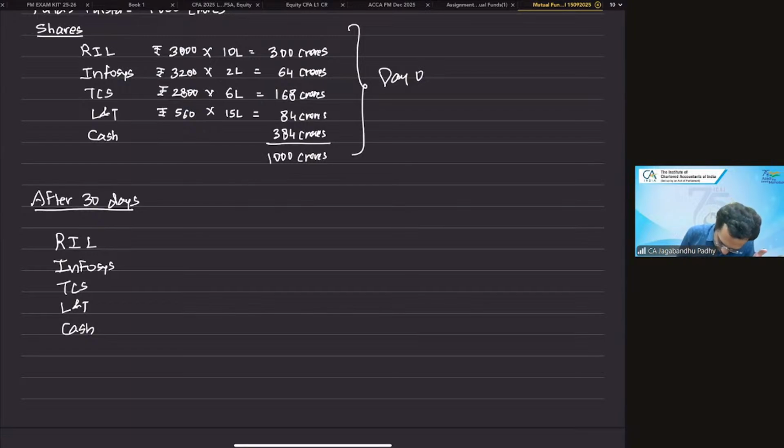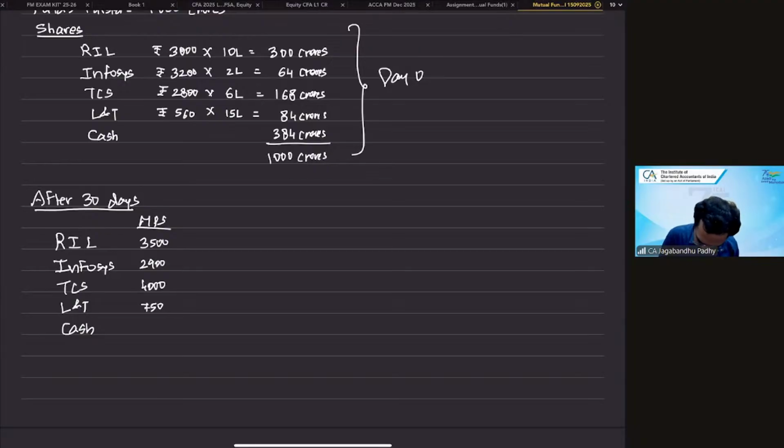I'm just giving you the market price per share of each one of them. So market price is 3,000. Sorry, my bad. Market price is 3,500. This is 2,900. This is 4,000. And this has become 750.